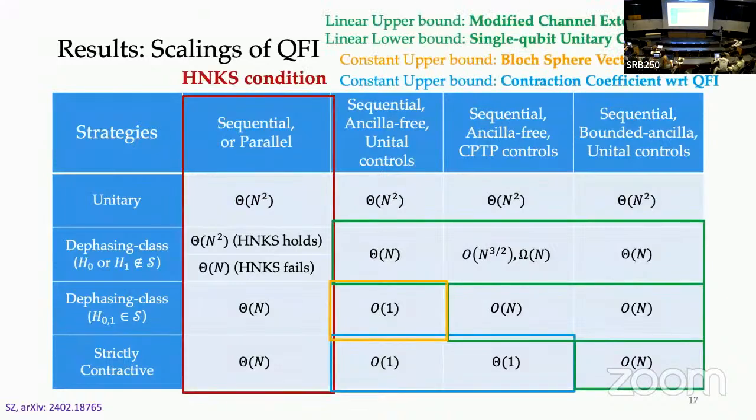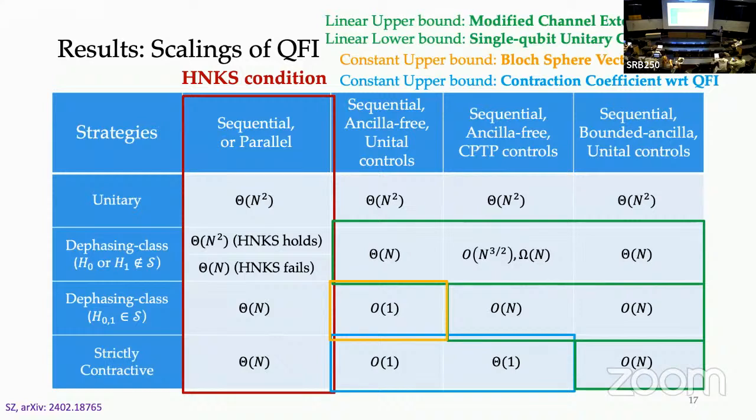Yeah, so basically I need three types of techniques as shown here. And I think maybe the most important one is the first line, the channel extension method. Basically, it gives you a simple way to calculate the quantum Fisher information of a quantum channel, because in general it's pretty complicated.